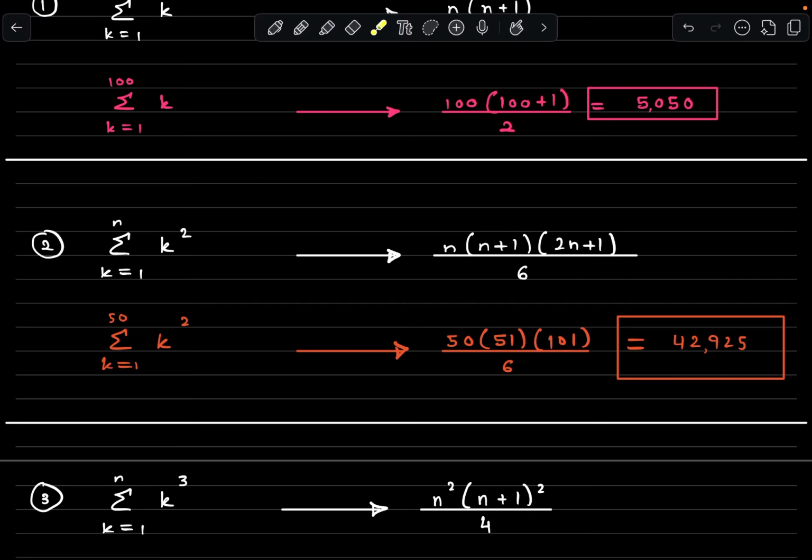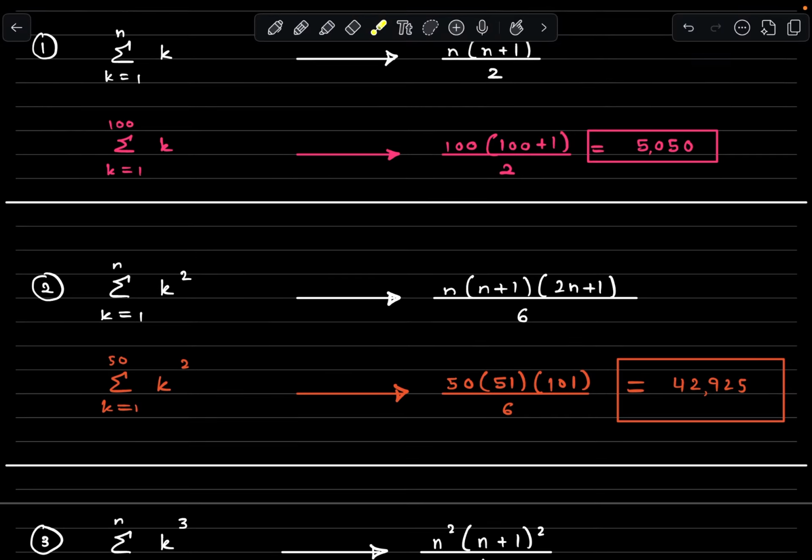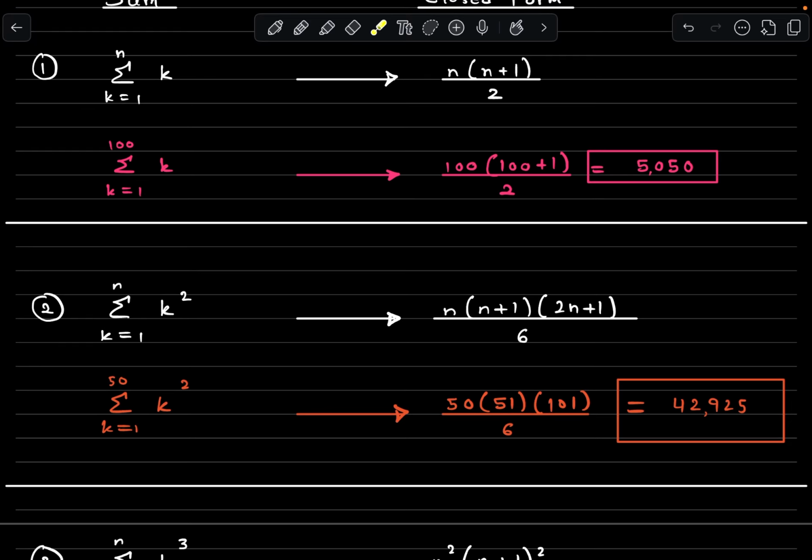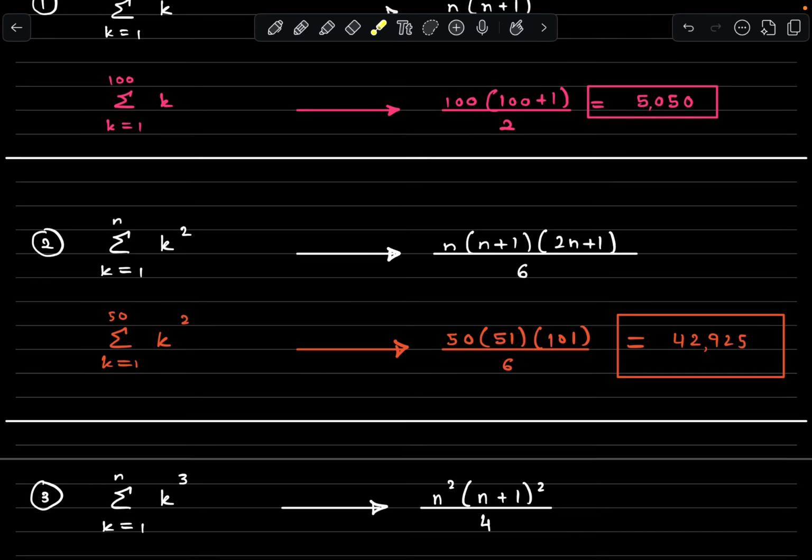You can do the same thing for cubes. So we have the sum from k equals 1 to n of k cubed, and this closed formula comes out to n squared times n plus 1 squared over 4, which actually, interestingly enough, is the square of our first formula for the sum of k.